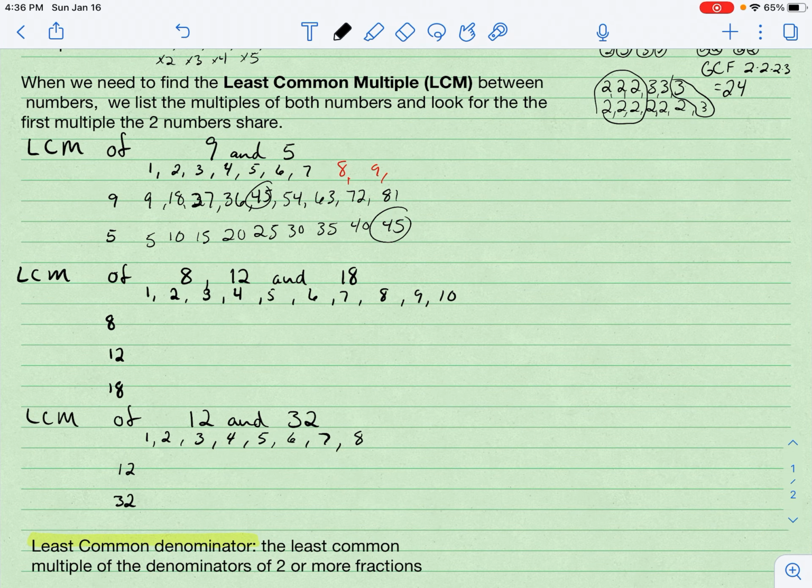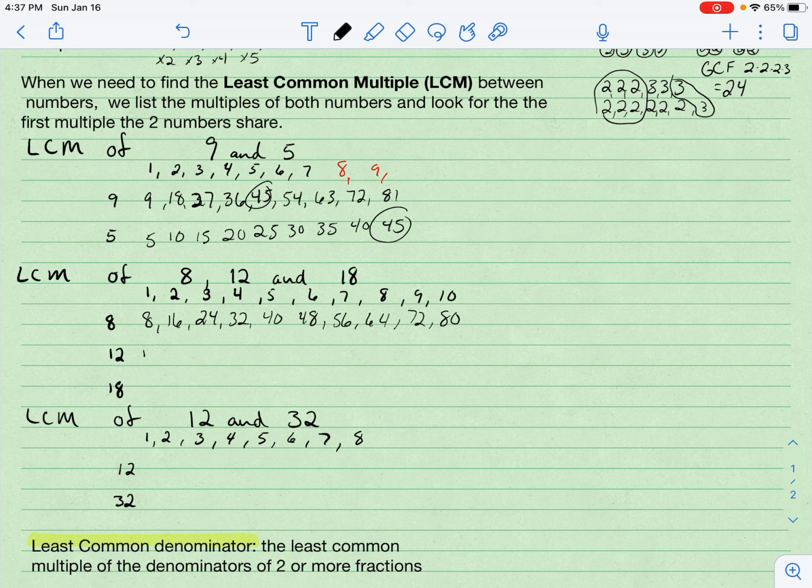Okay, we do the same thing even if there's more than two numbers. So if there's 3, and we want to find the least common multiple of these 3, we do the same thing: list out the multiples, see which one appears first. So you've got 8, 16, 24, 32, 40, 48, 56, 64, 72, and then 80.